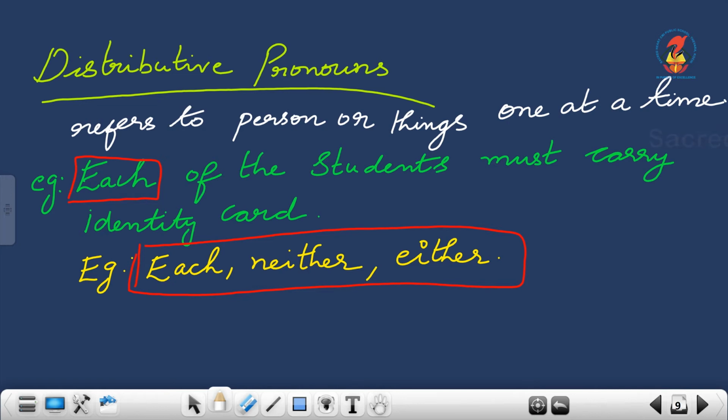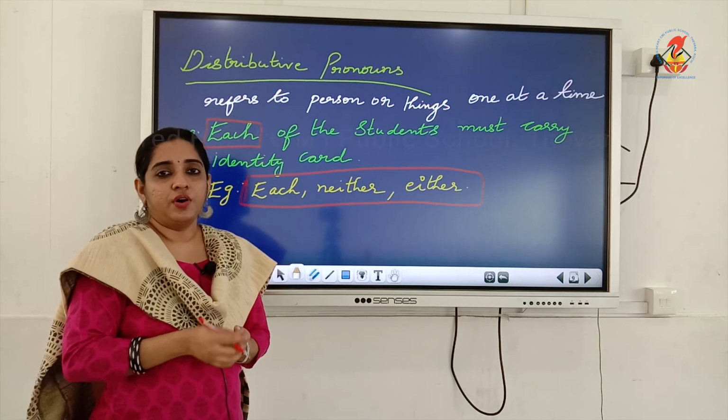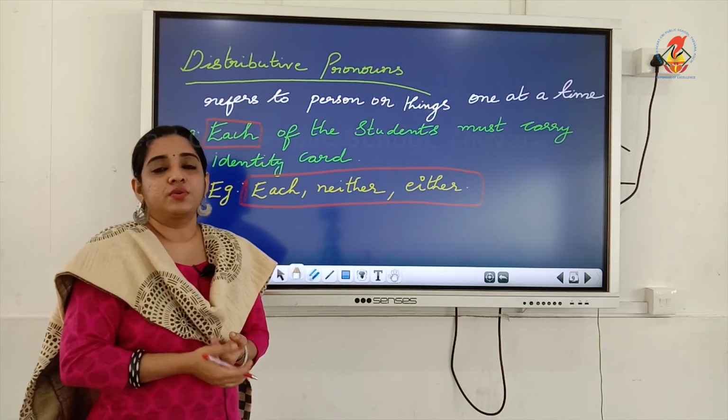Each of the students must carry his identity card with him. Each of the students, that means one student, is it? Generally you say everyone, but each means it is meant for a single child. For one child the rule is applicable.